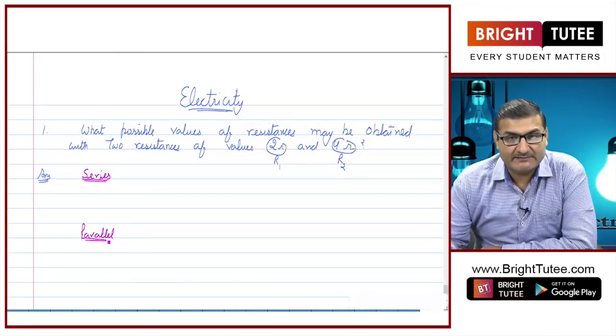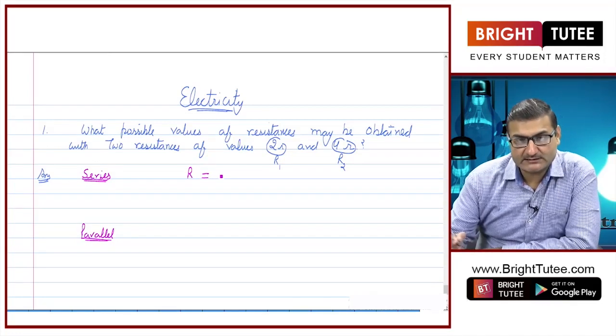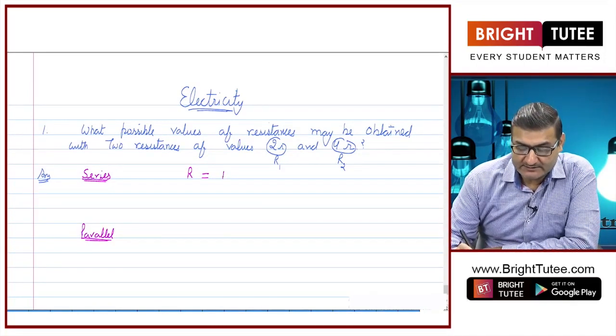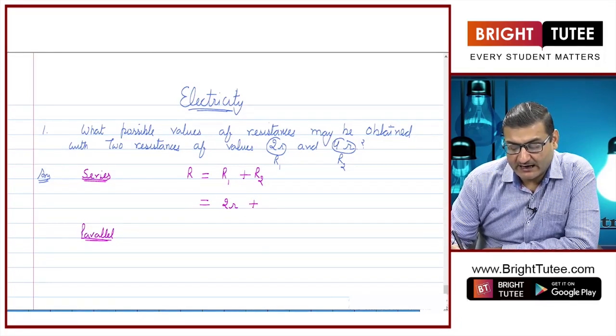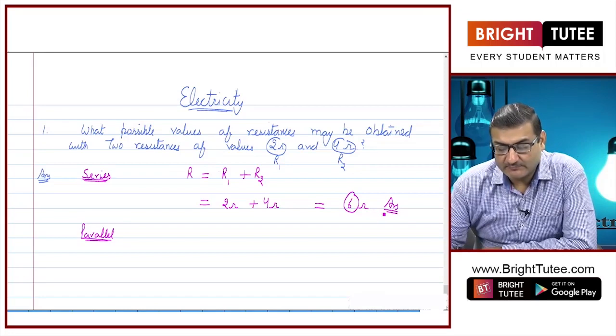If I connect them in series, then in that case I know that total resistance which is to be calculated in series combination is given by the formula R1 plus R2. Here R1 given to me is 2 ohms and R2 given to me is 4 ohms. So, therefore, the total resistance that I will get in series combination is 6 ohms.